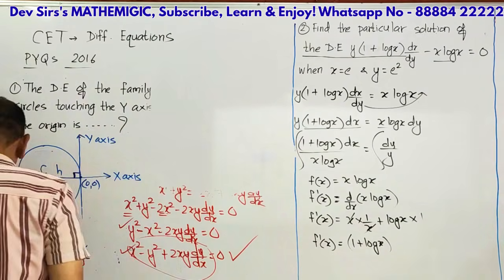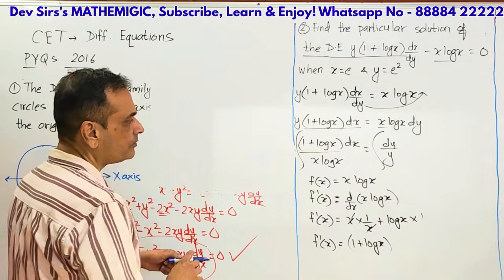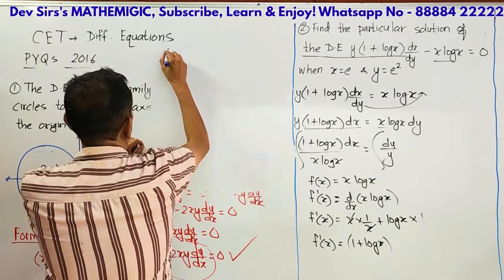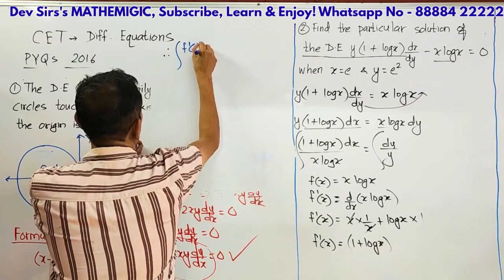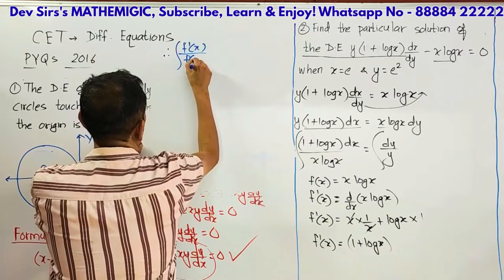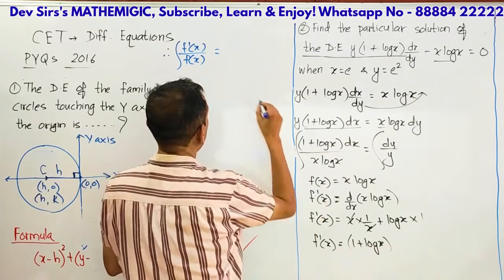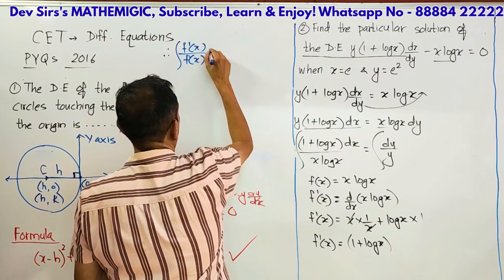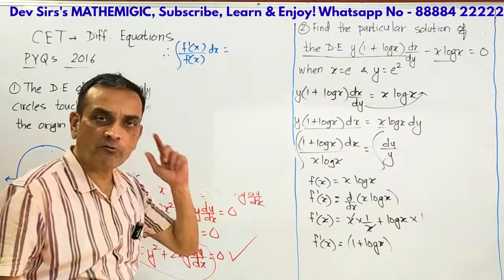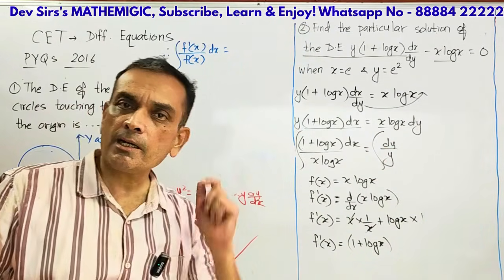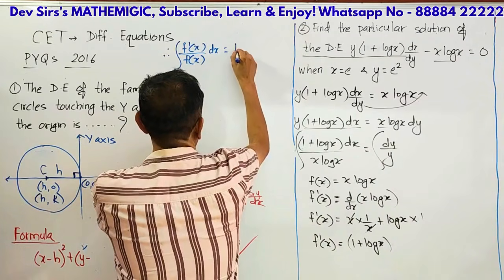So I'll write it. यहाँ पे लिखता हूँ. f dash x upon fx dx. dy upon y, dx upon x का फॉर्मूला log x, dy upon y इंटीग्रल log y.